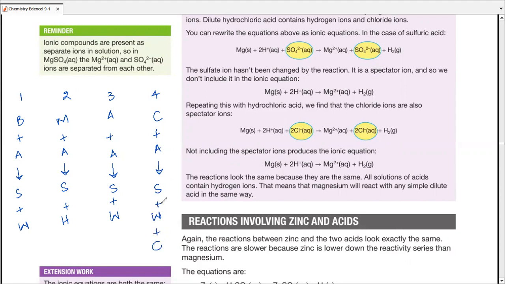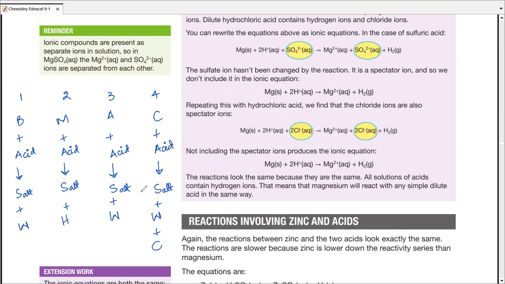You can write carbon dioxide up top and water after, it's up to you. So in all these cases, you notice we're producing salt as a product and acid as a reactant.